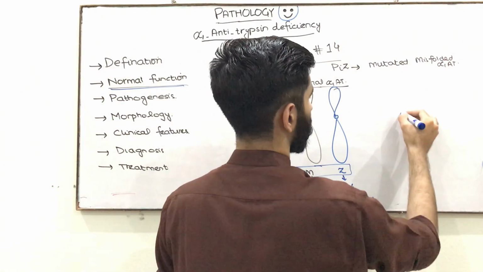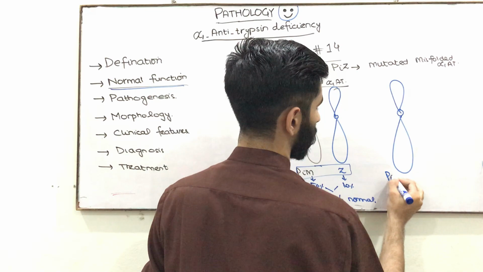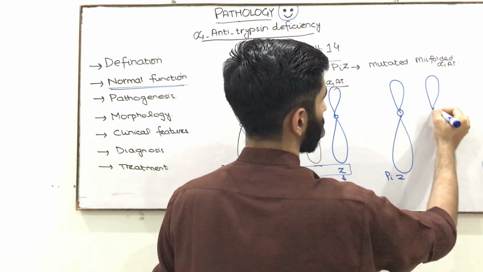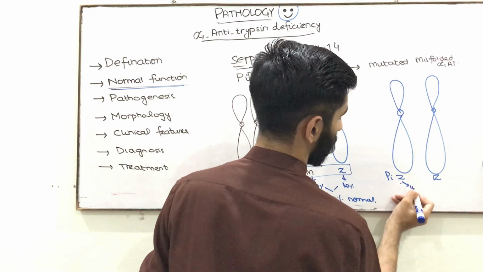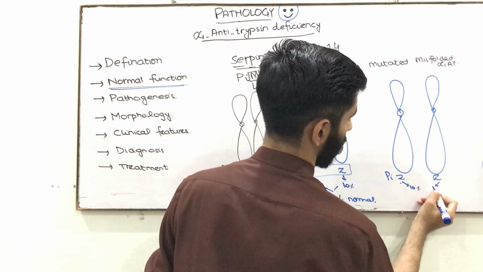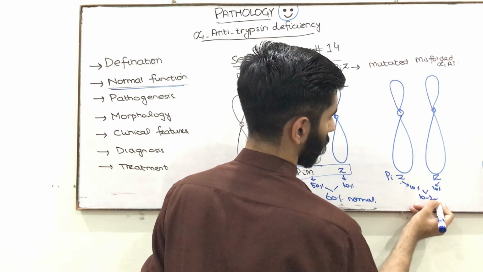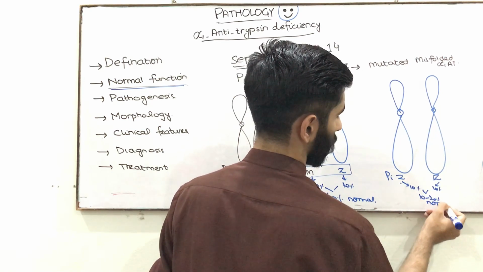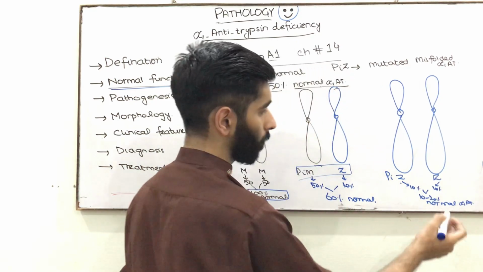And then there is another genotype, PiZ from the father and PiZ from the mother. So there is 10% normal and 10% normal, and the person has only 10 to 20% of normal alpha-1 antitrypsin in the serum.